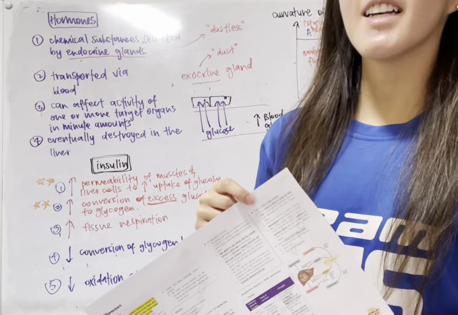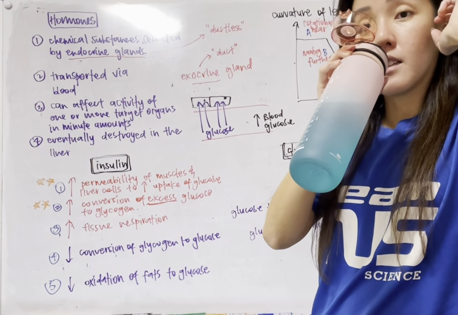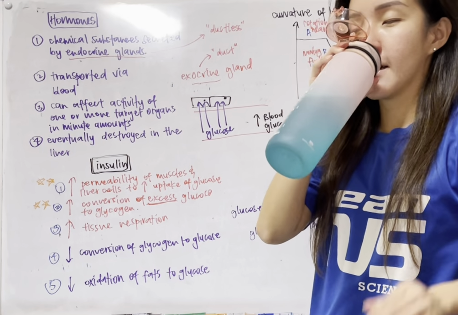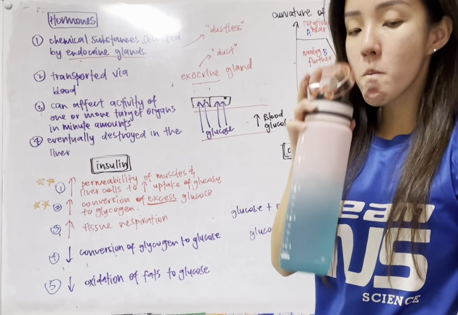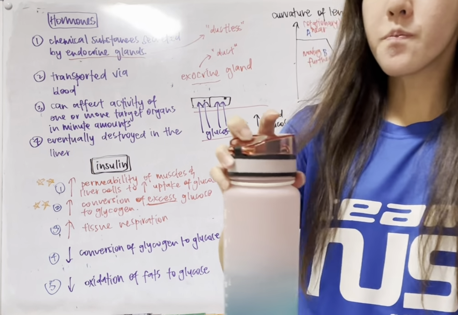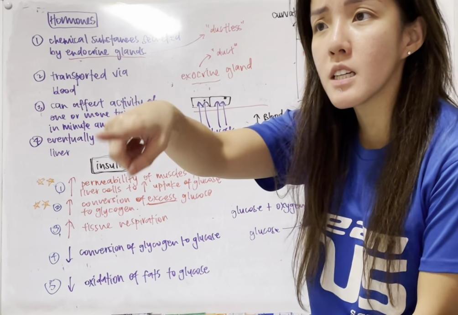Increase permeability of muscles and liver cells to glucose, so increase uptake of glucose. What's the second? Increase conversion of excess glucose to glycogen for storage, right? Do you all see?